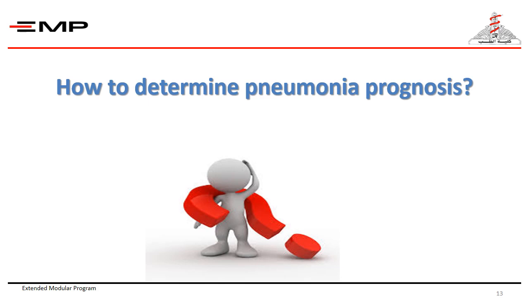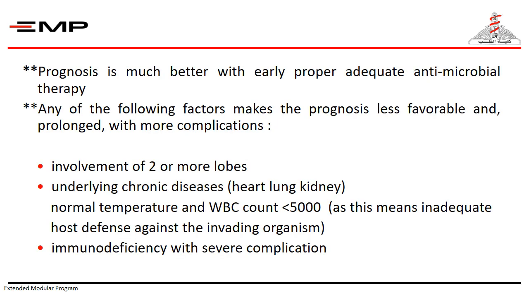How to determine pneumonia prognosis? Prognosis is much better with early, proper, adequate antimicrobial therapy. Any of the following factors make the prognosis less favorable and prolonged with more complications.